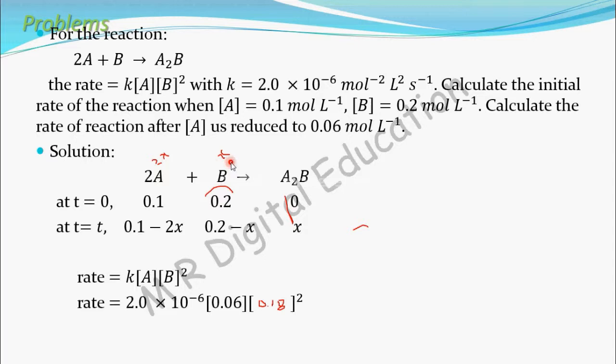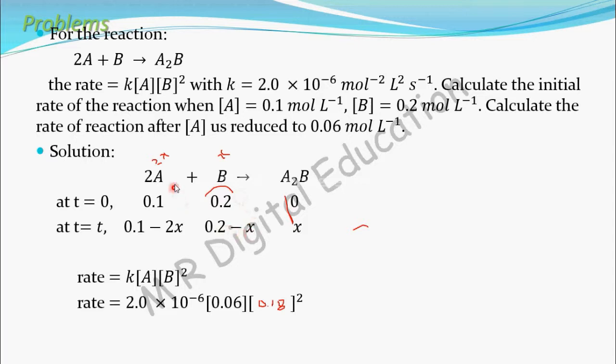So what happened now? The reaction used x mole per liter of B and 2x mole per liter of A to form x mole per liter of A2B. See how much remained. B is used x mole per liter out of 0.2, so remaining is 0.2 - x.